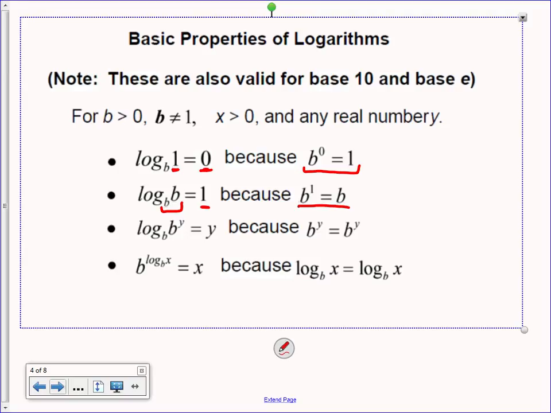And then the last one, if you have b raised to the log base b of x, again, you have an exponential expression or a base raised to a logarithm with the same base. They're going to undo each other, and that's just going to equal x. Okay, so again, these are just highlighting the fact that these are inverse functions, and they're going to undo each other.